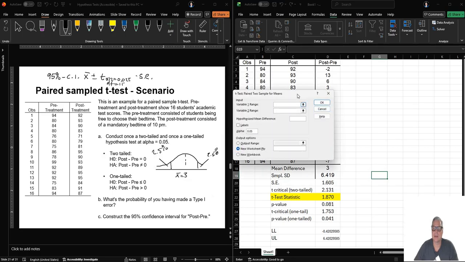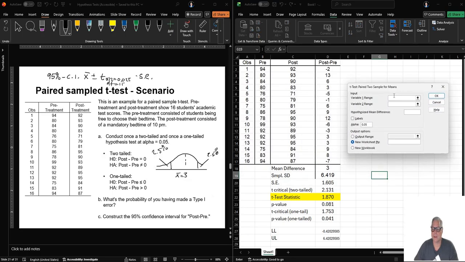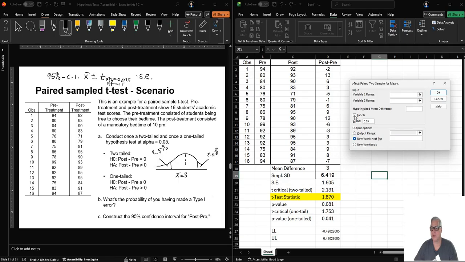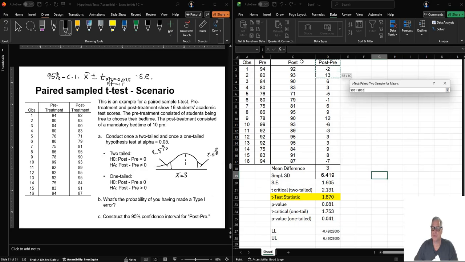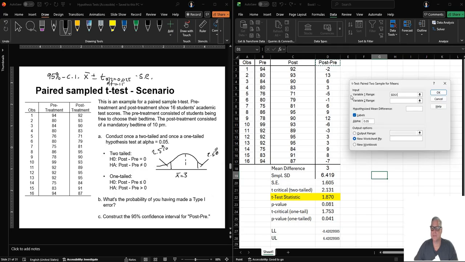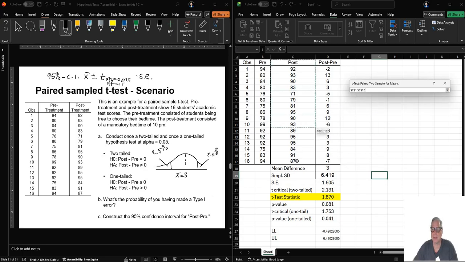Then we have to tell Excel what's the variable range 1. So we add the labels, because I will highlight now for variable 1. I start with the post. Actually, gotta be careful, the post is column C in my case.